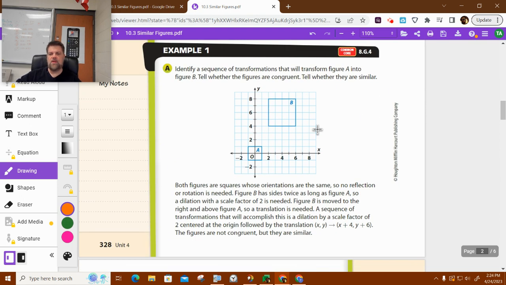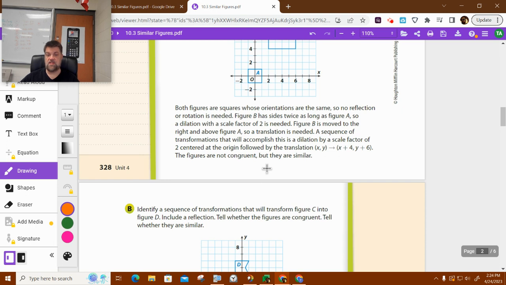So for example number 1, what they want us to do is identify the sequence of transformations that will transform figure A into figure B. Well, there's a dilation that's taking place for sure, and maybe some sort of translation. I'm just guessing.